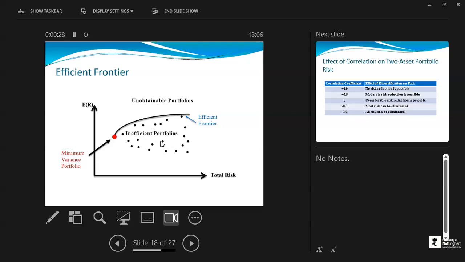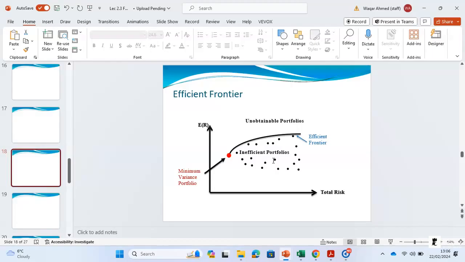Okay. So this portfolio, what is the expected return? If we just draw a horizontal line, that will give us the expected return of this portfolio, right? Okay. And if we draw a vertical line, that will give us the risk of this portfolio, right?